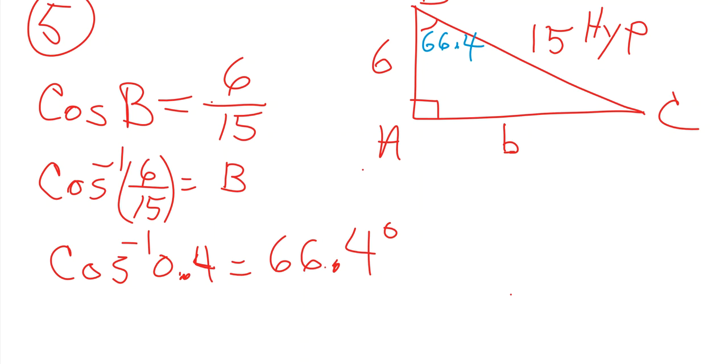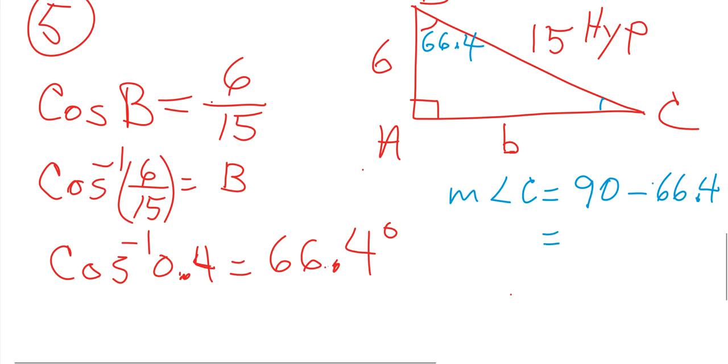So what's angle C down here? Well, the measure of angle C will be equal to 90 minus 66.4. 90 minus 66.4, which is going to be what?